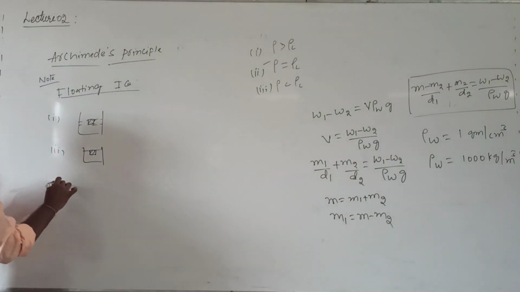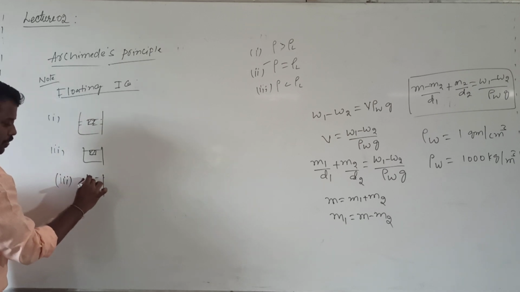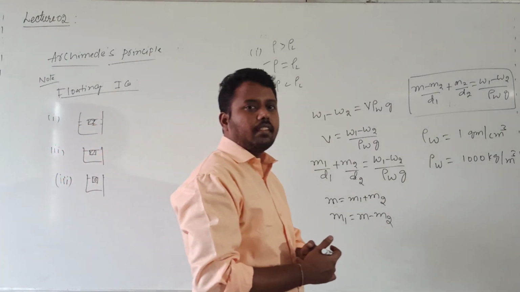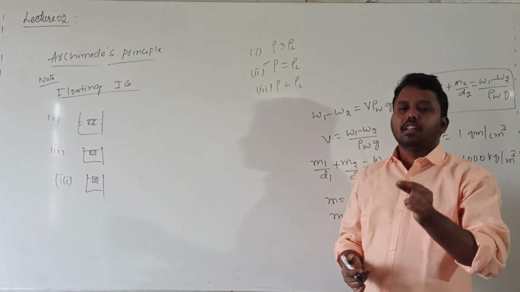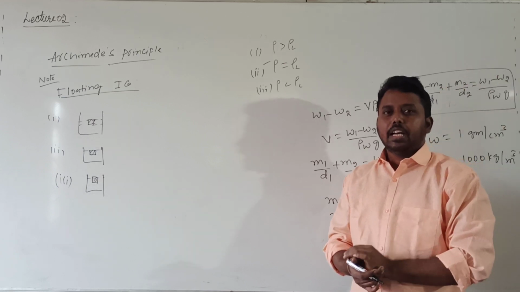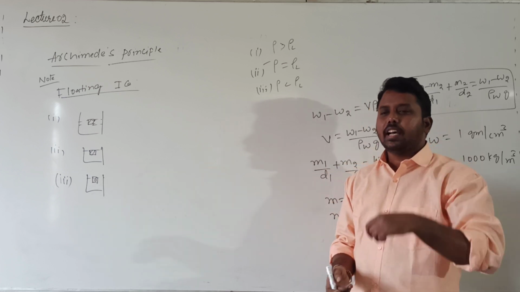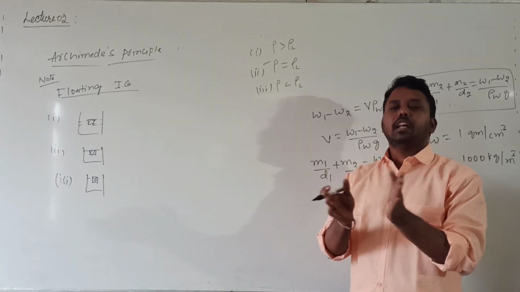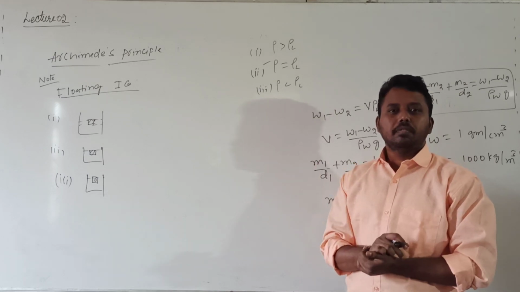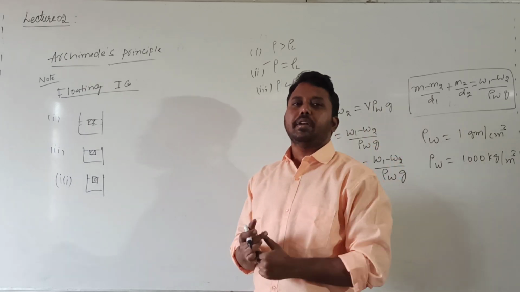Third one: for example, the floating ice cube has one metal ball or lead shot embedded in it. I took ice, I kept that metal shot in a deep freezer, ice formed around it, and I threw that metal ball including the ice into water. So what happened? The ice melted. When the ice melted, the metal ball reaches the bottom, because the metal ball density is more compared to the water, so the metal ball will sink completely.